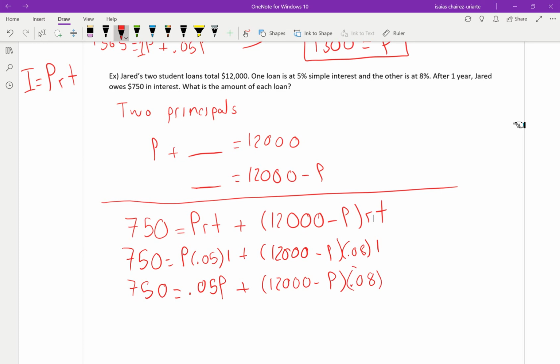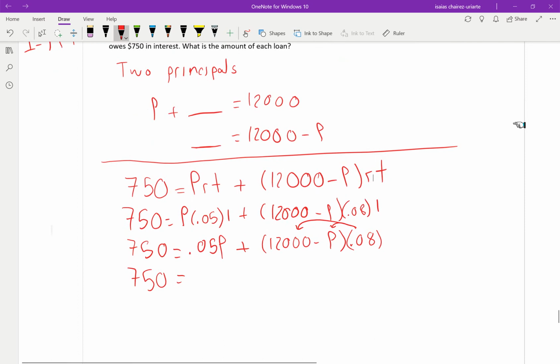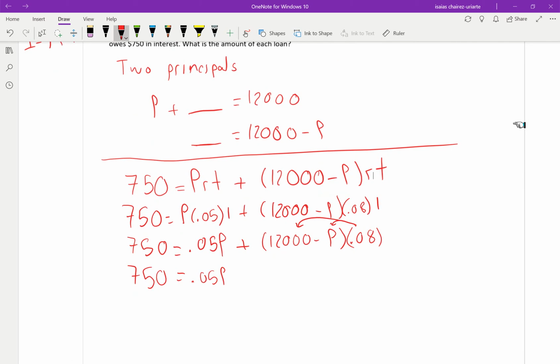Now I'm going to distribute this 0.08. So then this becomes 750 equals 0.05 P plus 0.08 times 12,000. 12,000 times 0.08, I get 960, minus 0.08 P. So let me collect like terms, and I'm going to also subtract 960.